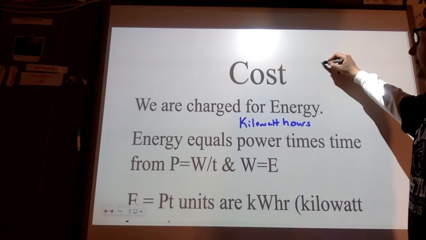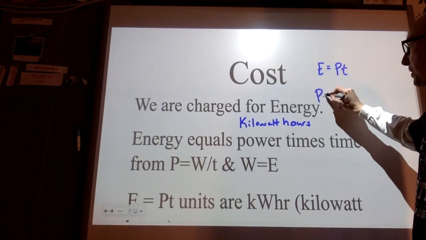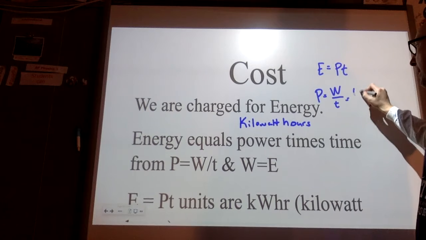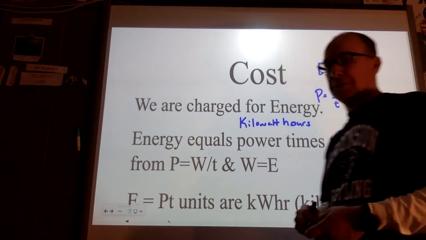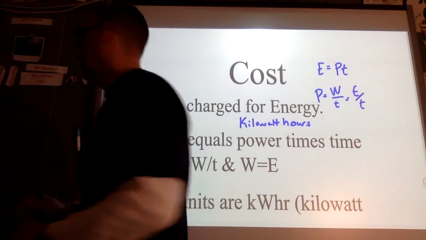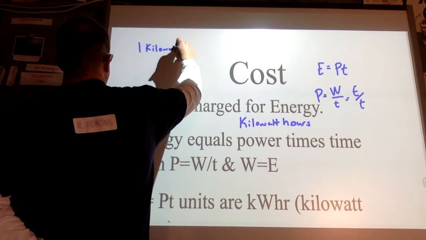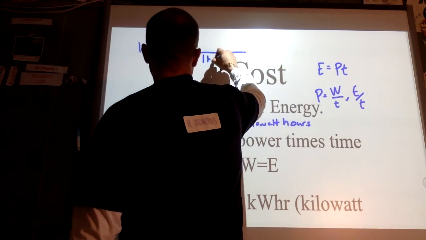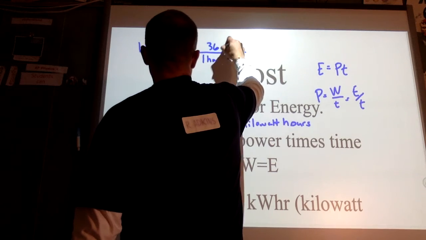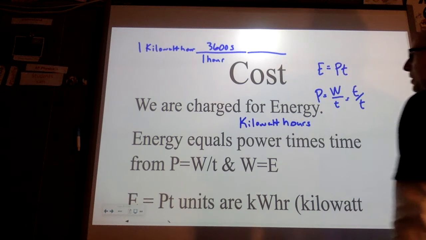And this comes from energy being equal to power times time, right? Because we said that power was work over time or energy over time. So 1 kilowatt hour, 1 hour is 3,600 seconds.